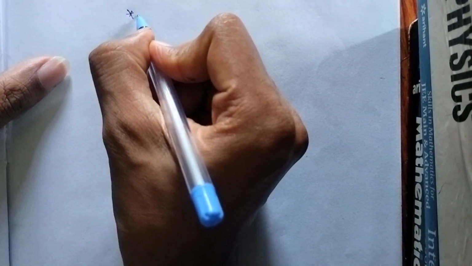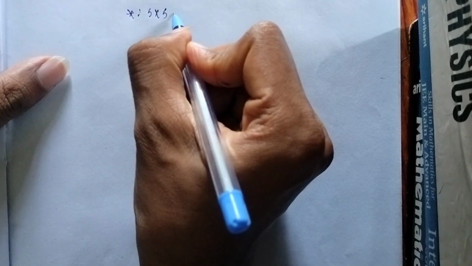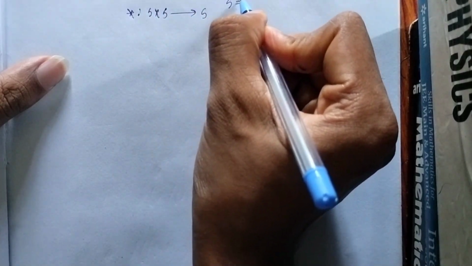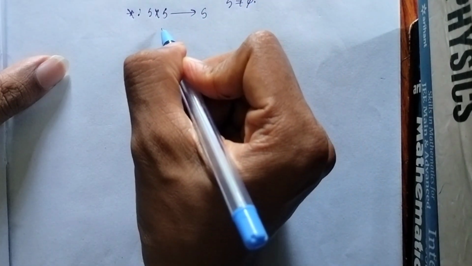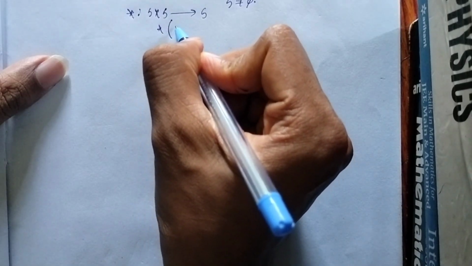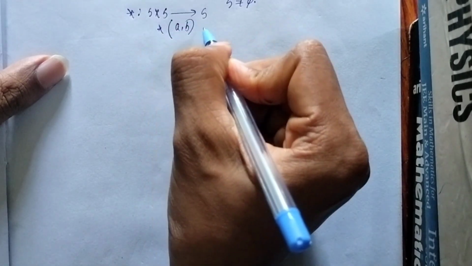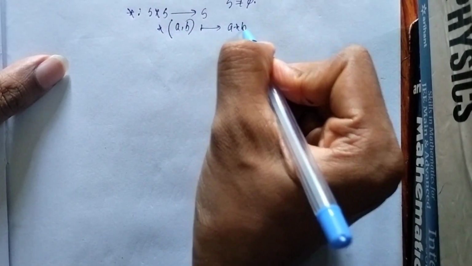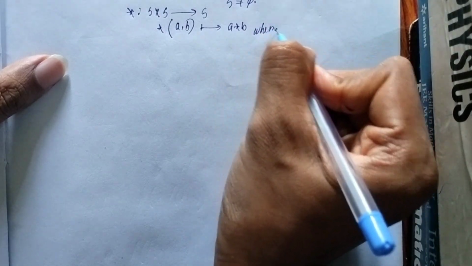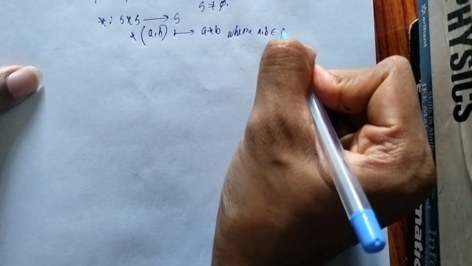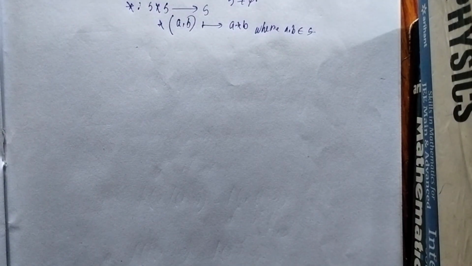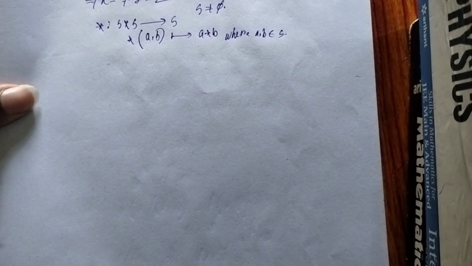Let's say star, just to revise it, S is a non-empty set, S not equal to empty set. If a, b belong to S, then star of (a, b) goes to a star b, where a, b belong to S. That was the binary operation we already discussed in our last video.